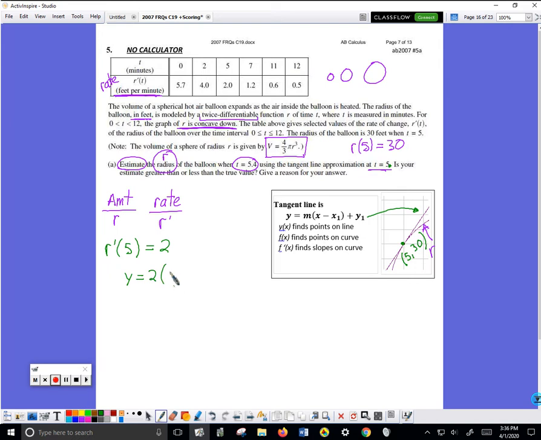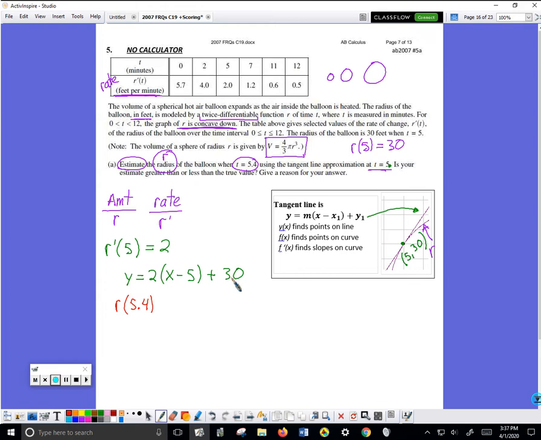It's actually dealing with time now, but this would be x minus x1, which is 5, plus y1, which is 30. And I'm supposed to approximate the radius when time is 5.4. So I'm supposed to be approximating r, not r prime, r of 5.4.